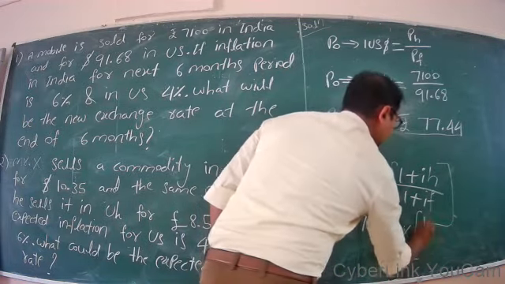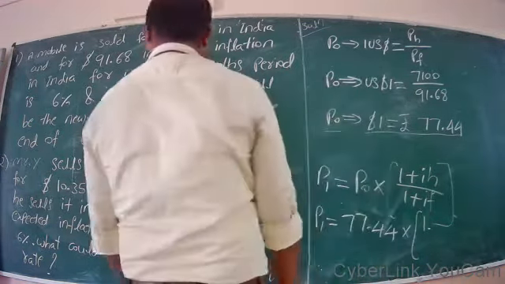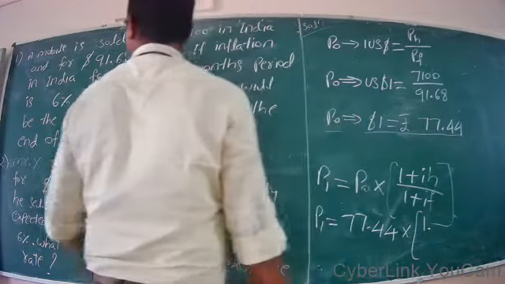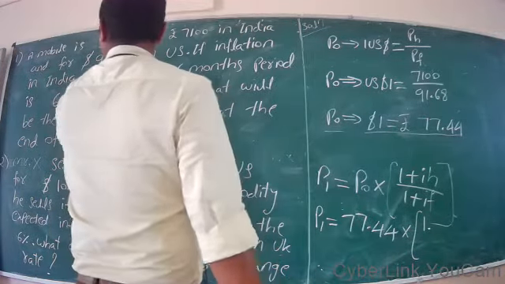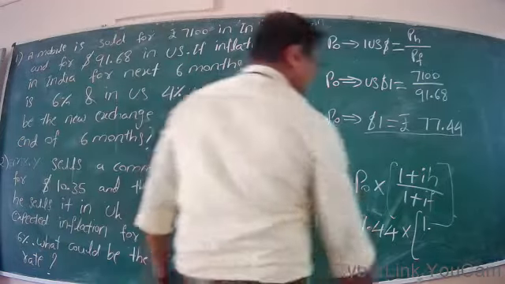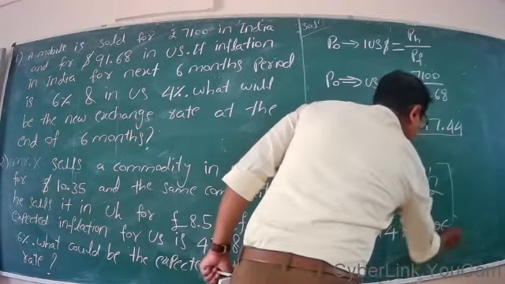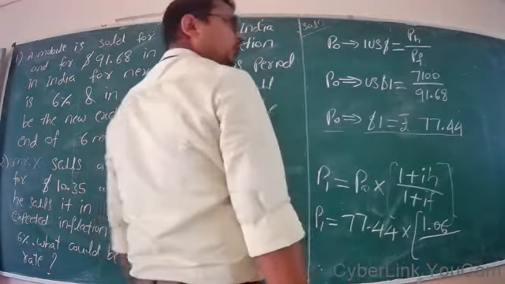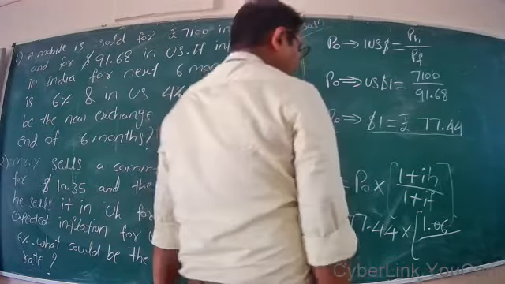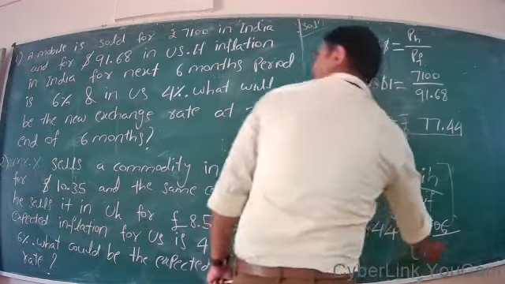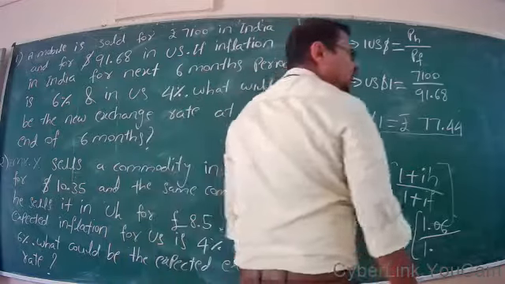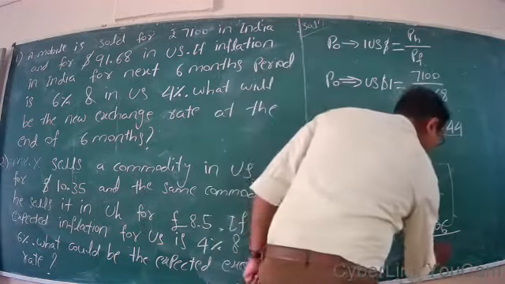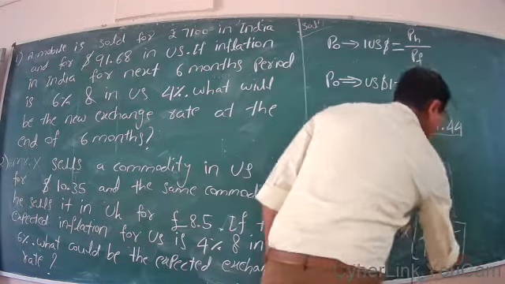Multiplied by 1 plus inflation in India for the next 6 months, which is 6%, that is 1.06, divided by 1 plus inflation in the US of 4%, that is 1.04.